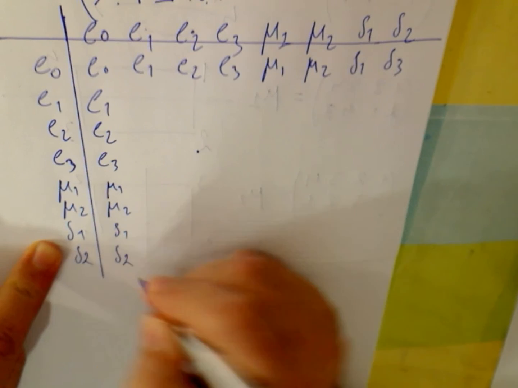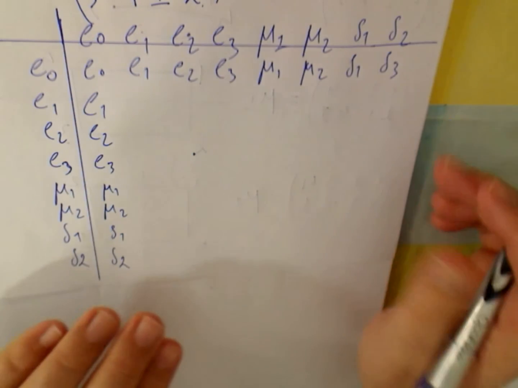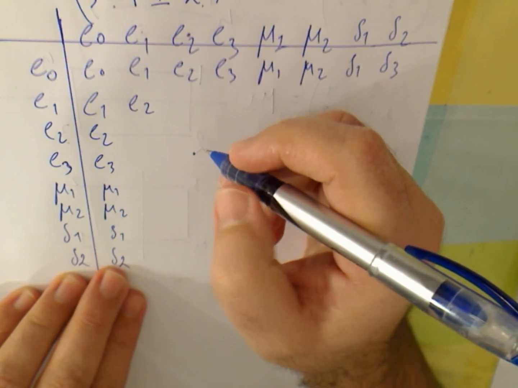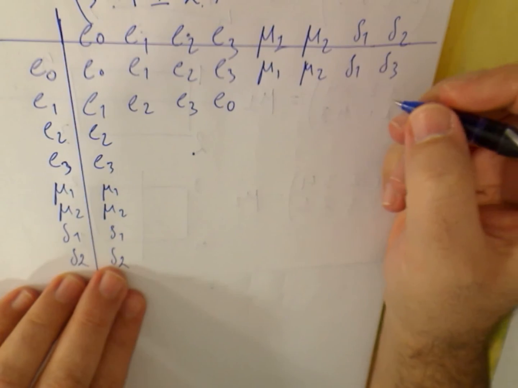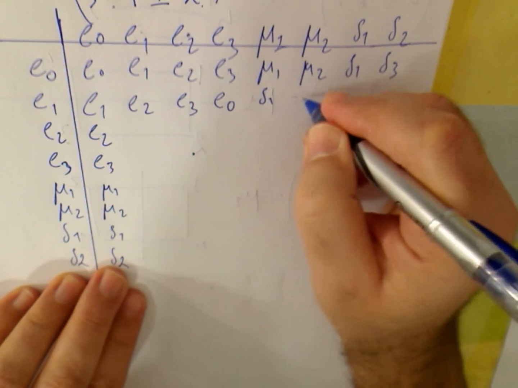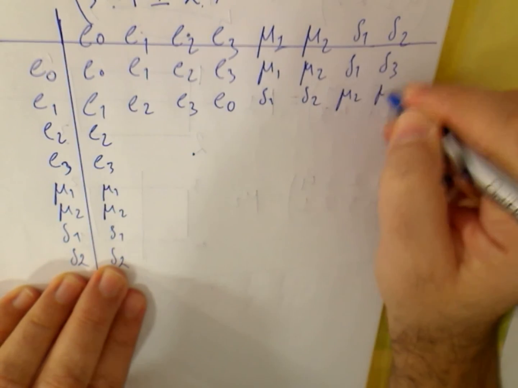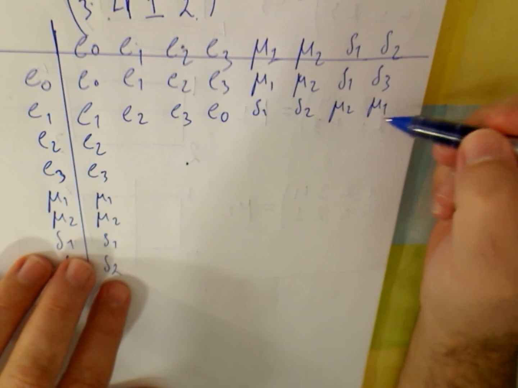Delta 1, delta 2. And now I hope I'm not making any mistake here. R1, R2, R3, R0, delta 1, delta 2, mu2, mu1. If you guys see any mistake in this video, please let me know, okay?